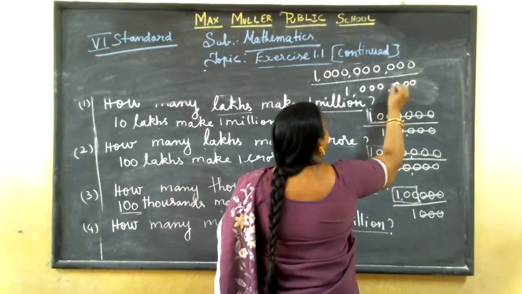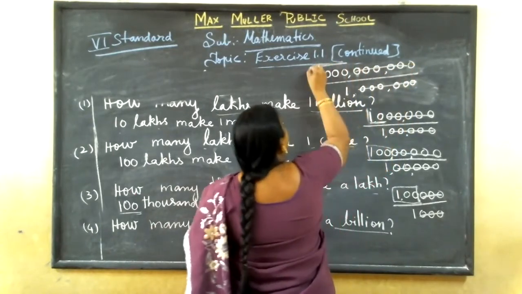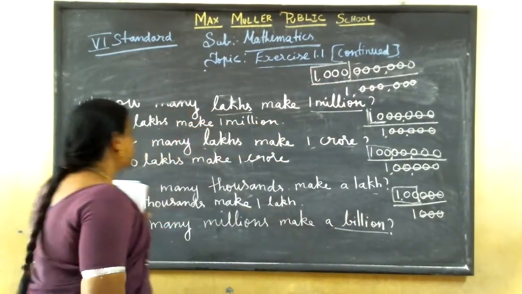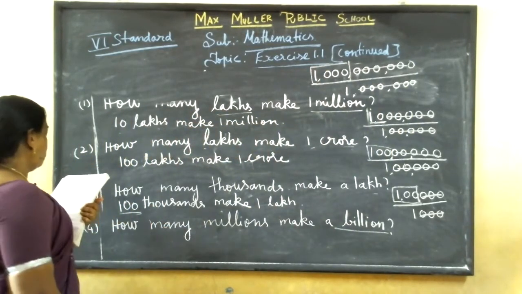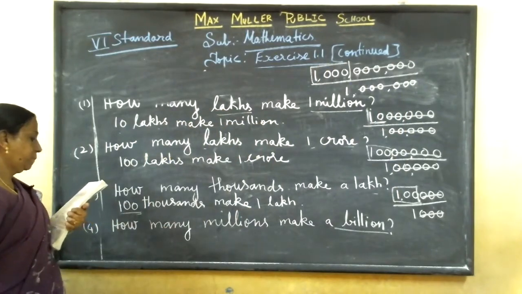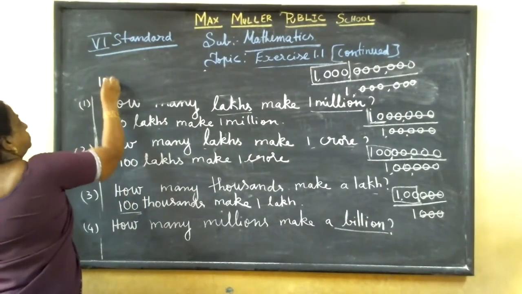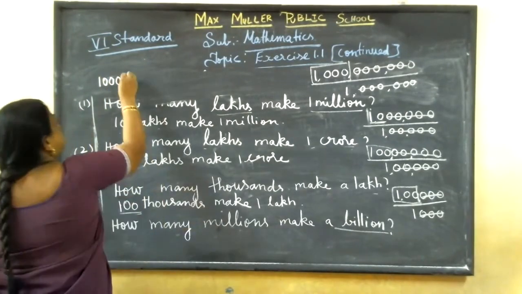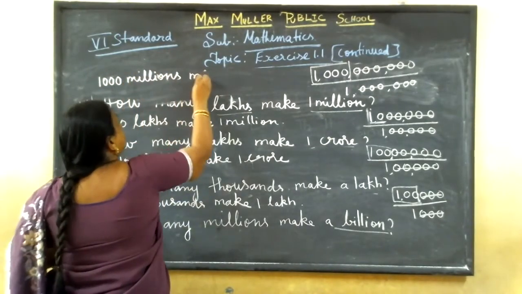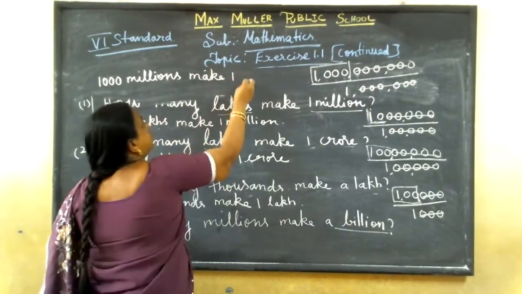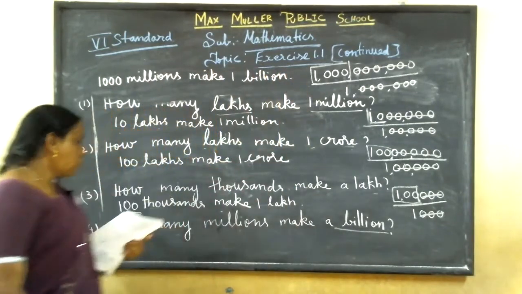So here 1, 2, 3, 4, 5, 6 zeros cancel. So what answer you got? 1,000. 1,000 millions is equal to 1 billion. How many millions makes 1 billion? Yeah. 1,000. You should write answer. 1,000 millions make 1 billion. Got it? So copy down fast.